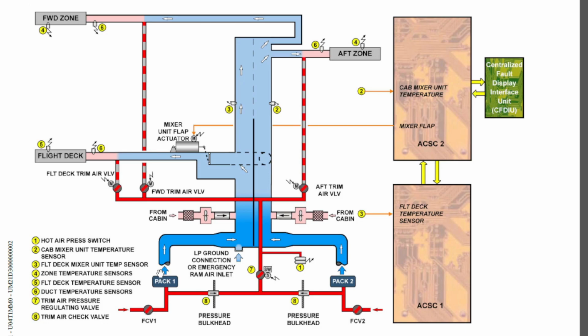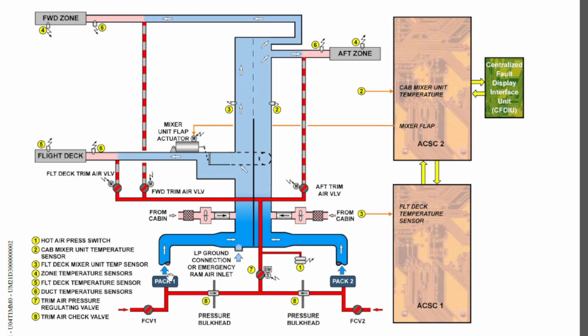Here you will have a pressure bulkhead, here also the pressure bulkhead, and here you will have a check valve. I told you that the check valve will prevent airflow going in the pack direction when the pack is not in operation. Okay, so we'll forget about this part. We'll identify the components which we have to identify when we study the mixer unit and the hot air system.